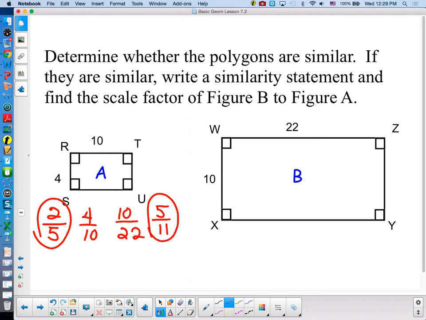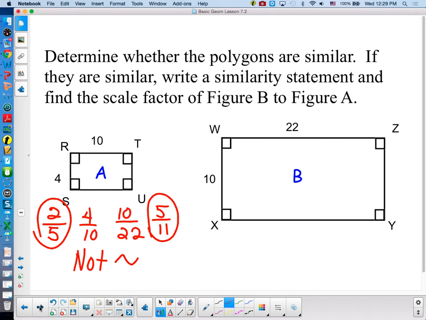Okay, are those two ratios equal? No, so what's that mean? They're not similar. They both are rectangles, but one's maybe longer and skinnier in relationship than the other one is. So those were not similar. So there's no way we can do a scale factor because it's different depending upon what sides you have. Understand that one?